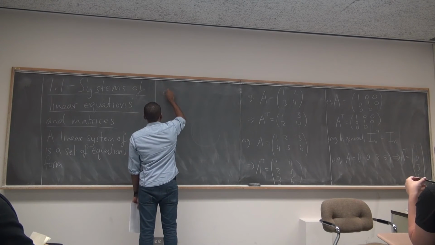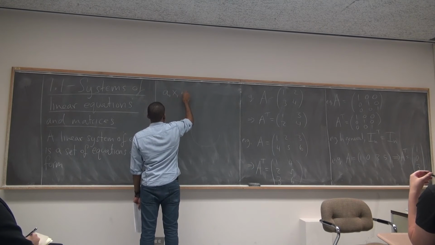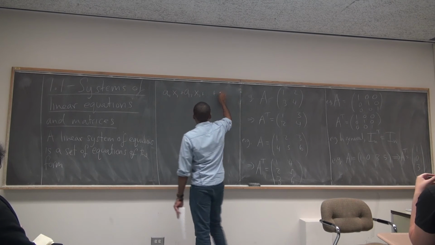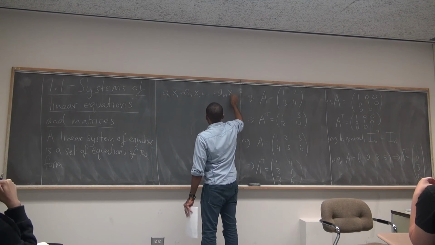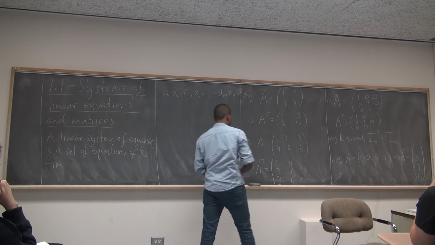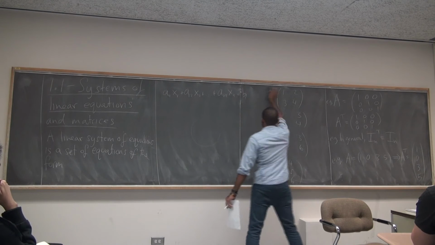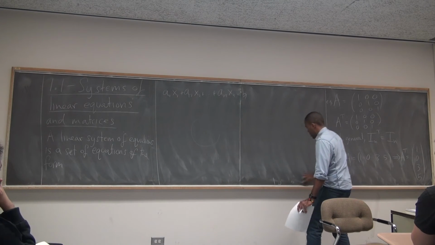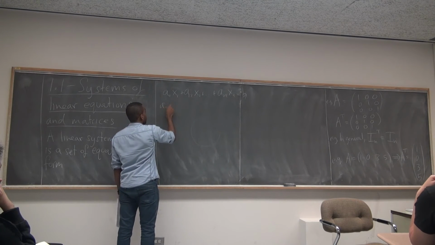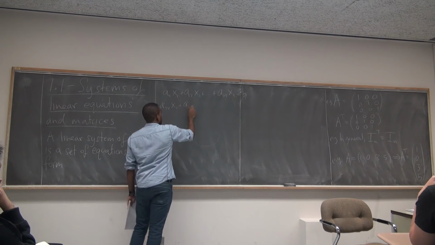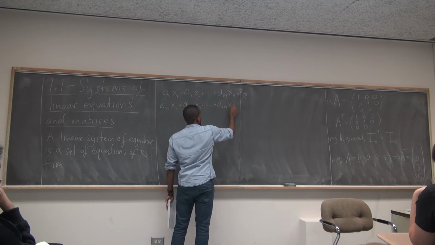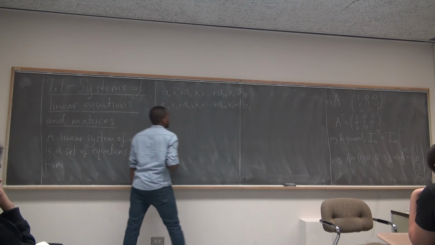Something that looks like this: a11 x1 plus a12 x2 plus up to a1n xn equals b1. That is one linear equation in this system. That's the first linear equation. I'm going to use very suggestive notation. a21 x1 plus a22 x2 all the way down to a2n xn equals b2.